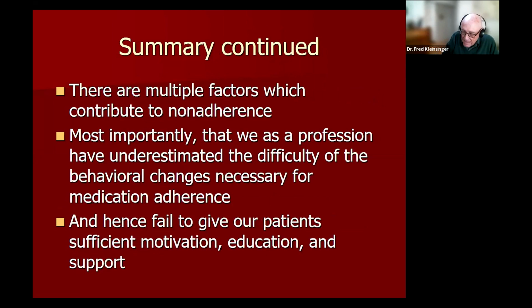And I listed them in the previous talk because there are many reasons that it can be difficult for people to take medications. But I tend to think that the so-called barriers or obstacles that the literature is full of, the medical profession is using as an excuse for its own failure to help patients get beyond those barriers. And it is possible, as I will say in a little while when talking about One Health System, which has been relatively successful with this. It is possible, it's just difficult.